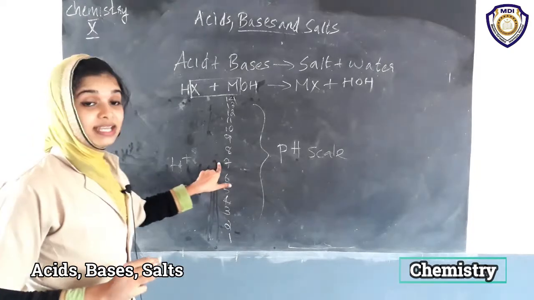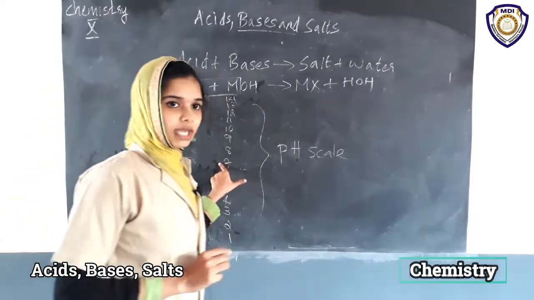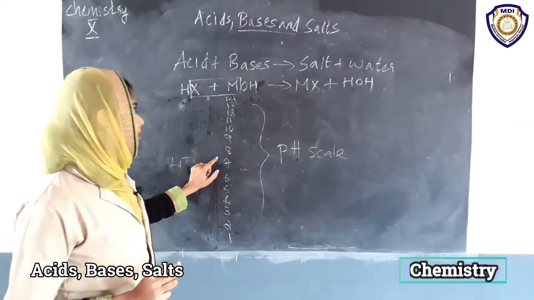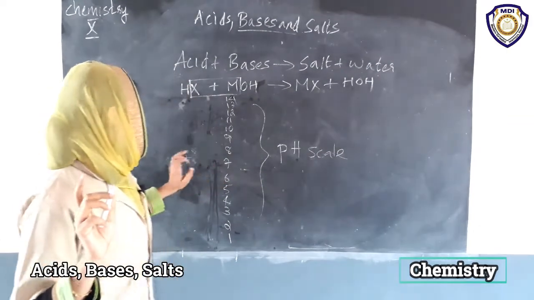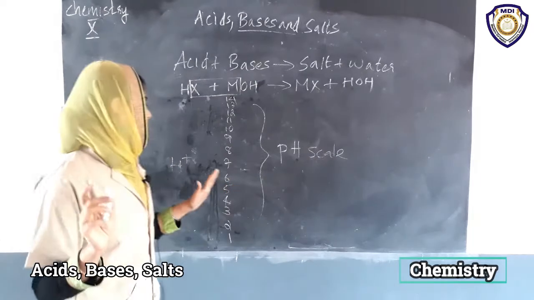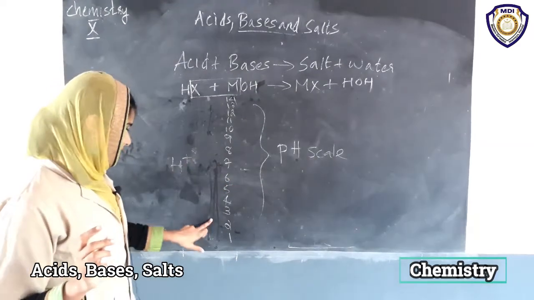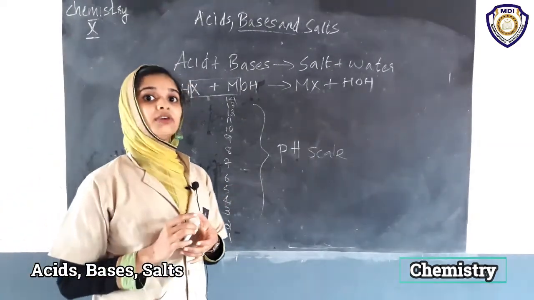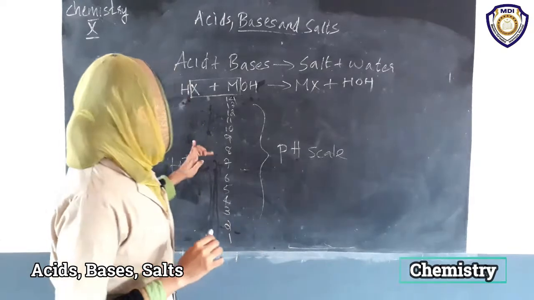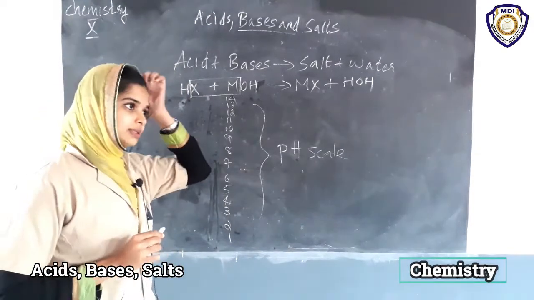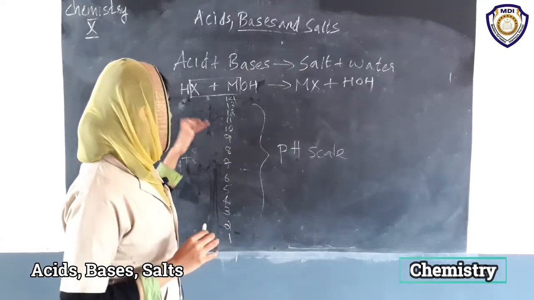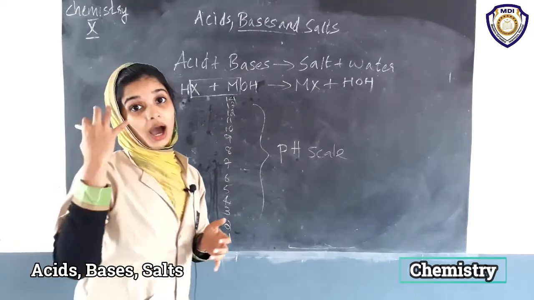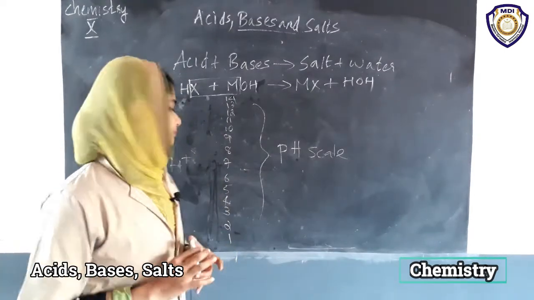That is, 7 is neutral. It will be neither acid nor base. It is a neutral solution. Below 7 it gives acids. Above 7, the solutions which show a pH value above 7 are bases.